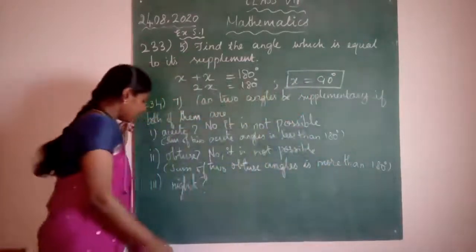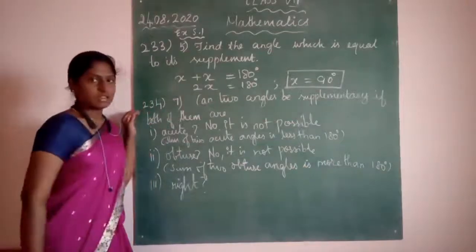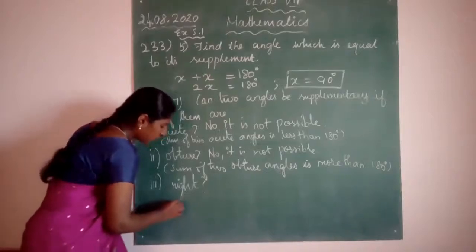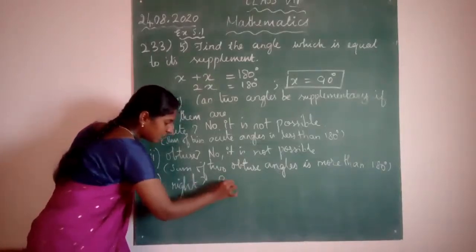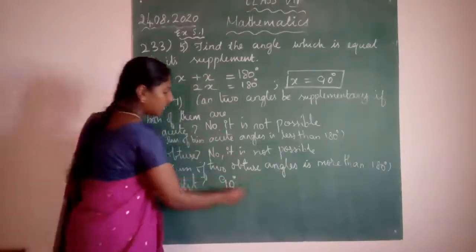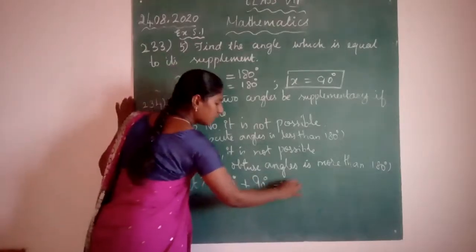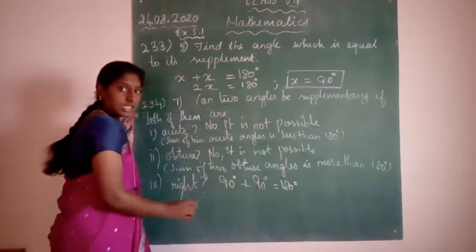Okay, that's all. Then what about right angles? One right angle is 90 degrees, and one more right angle means again 90 degrees. So what is the sum? 180 degrees. So this is possible.